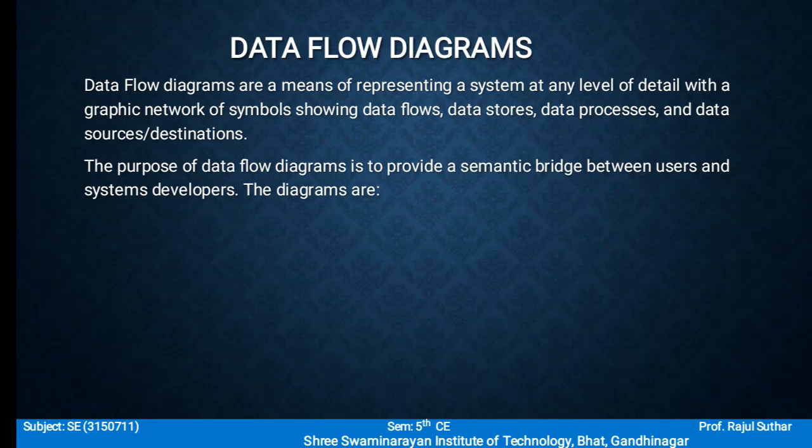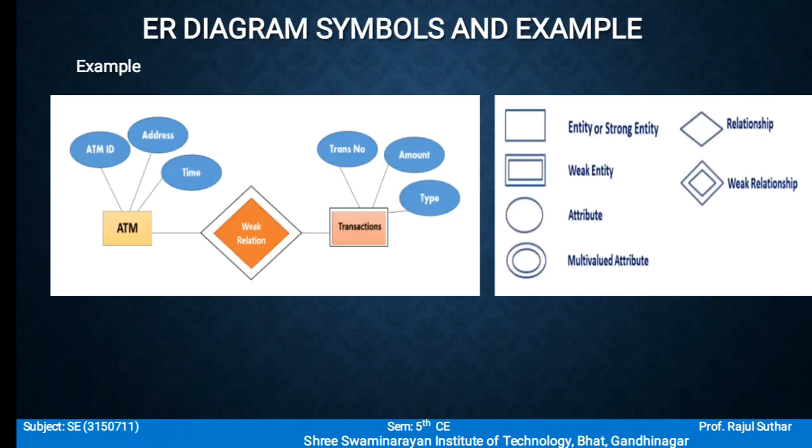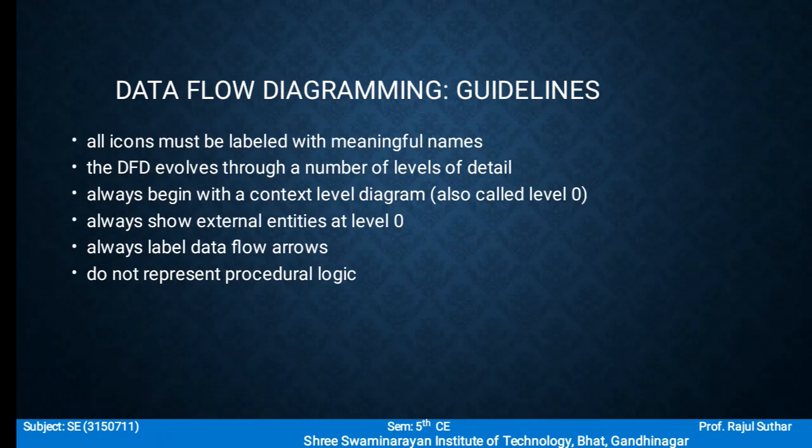The DFD, data flow diagram, covers some guidelines. All icons must be labeled with a meaningful name. The DFD involves a number of levels of detail. Always begin with the context level diagram.